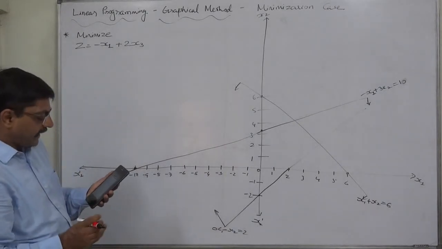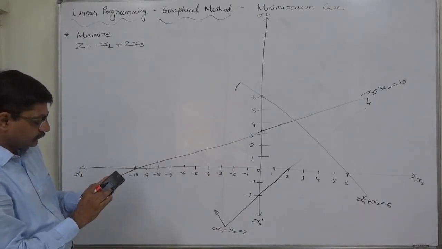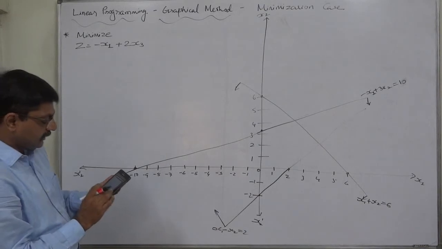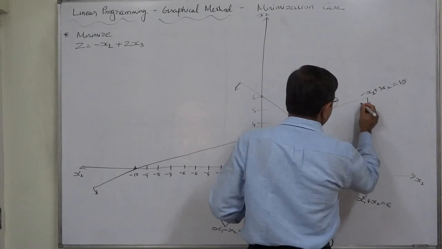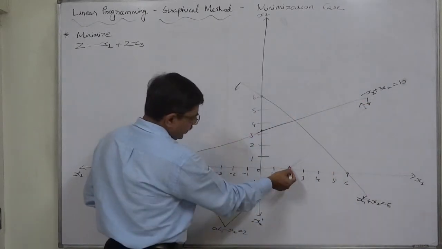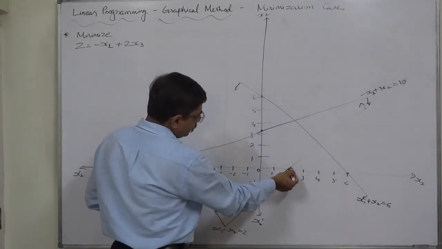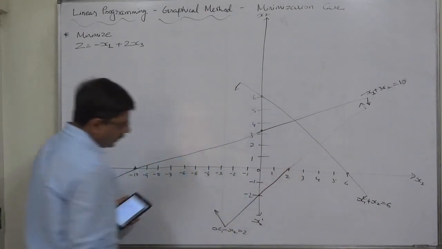And x1 less than 2, so inner side. So the shading of the inequality part of this constraint will be on the upper side.